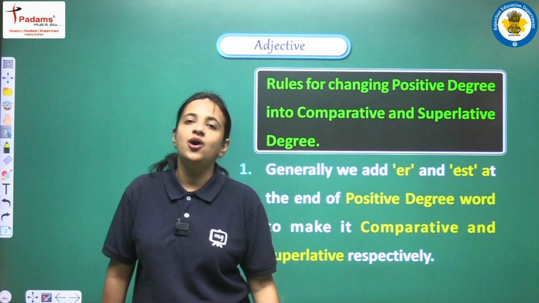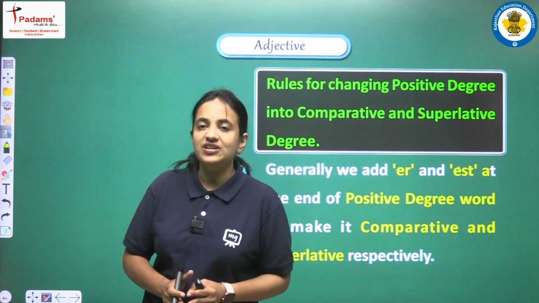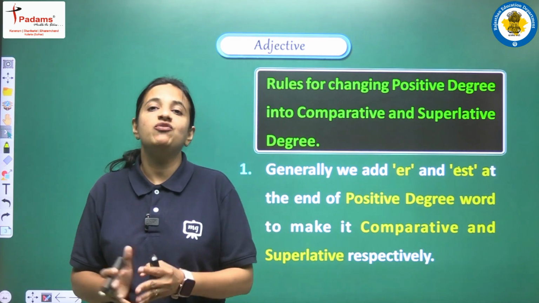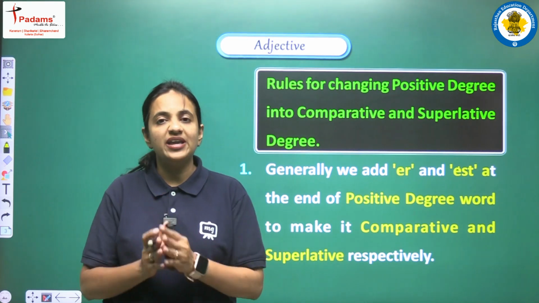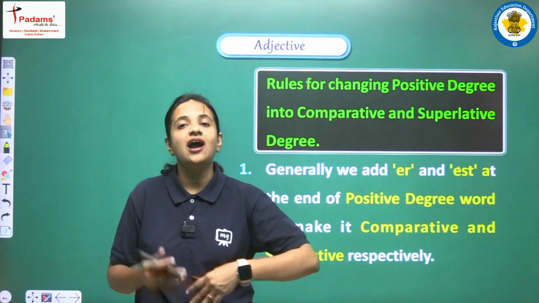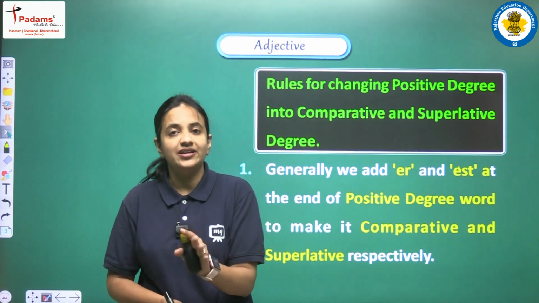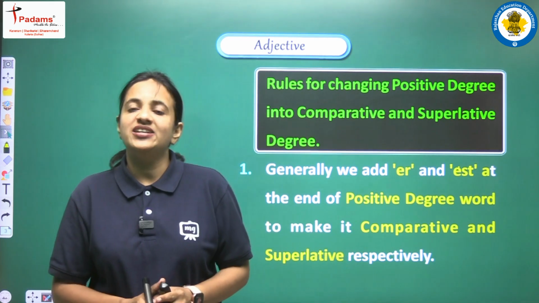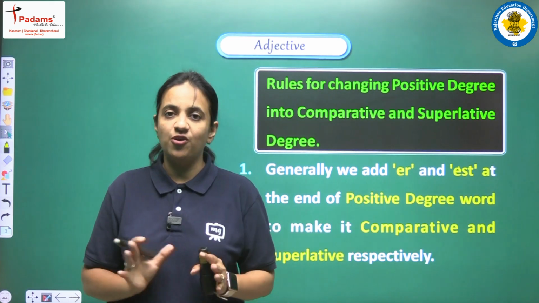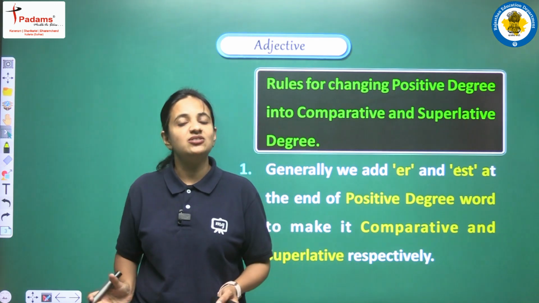So students, now you all know that we have 3 degrees of comparison, and we were discussing this in the previous video. At that time you may have had this question in your mind: how can we change a positive degree word into comparative and superlative, because adjectives generally are in the positive degree form, right? The actual word is in the positive degree.